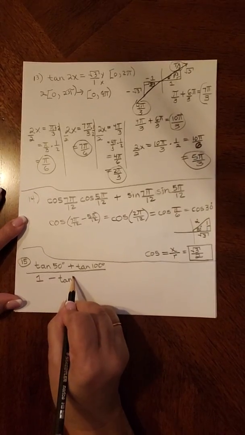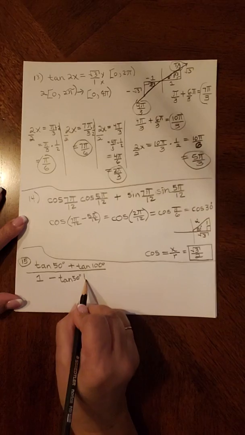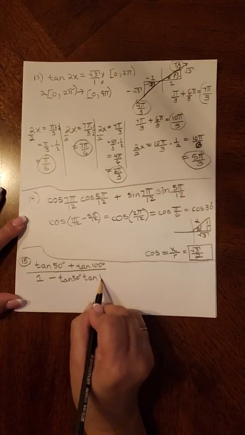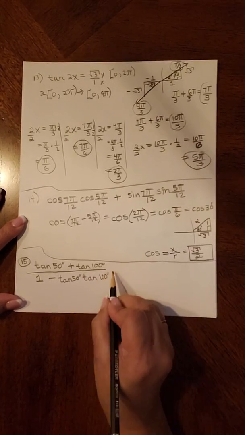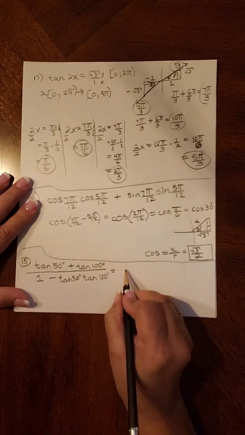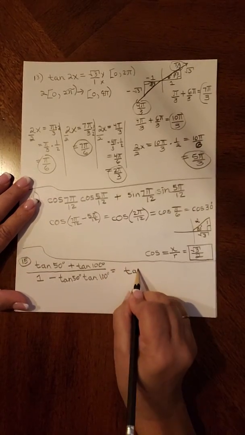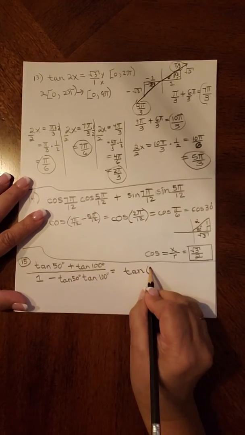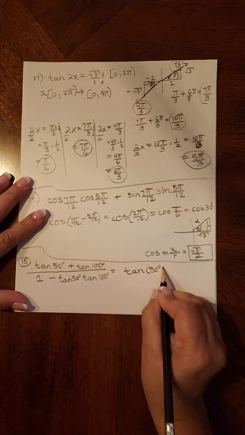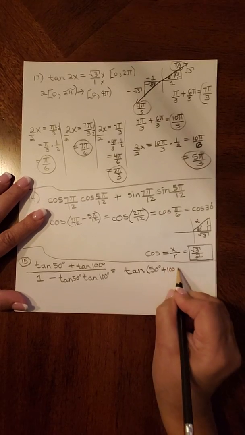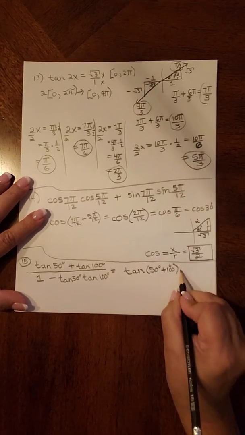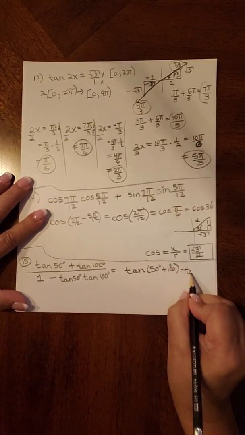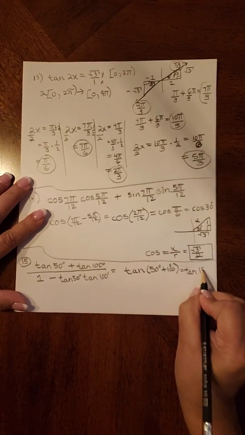Then you have a product of the same two terms that you had on the top, which is the summation formula for tan. So in its condensed version, this is equivalent to tan of 50 plus 100, which is tan of 150.